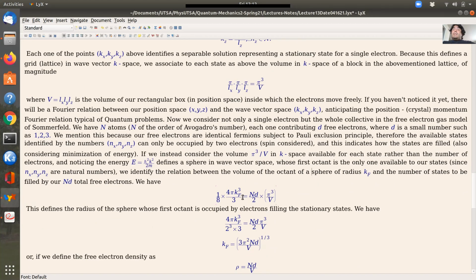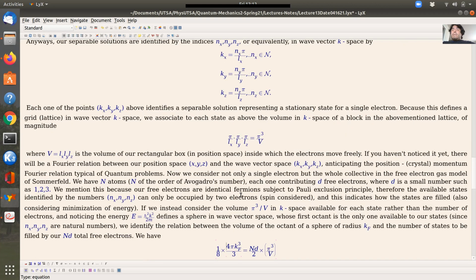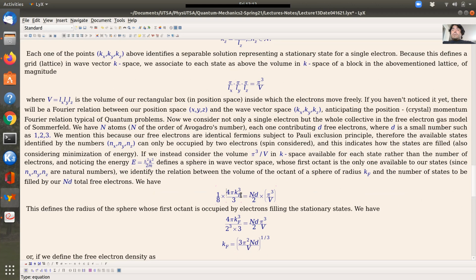So this is the volume of the octant, which is the volume of a sphere divided by 8. Perhaps I haven't defined the Fermi energy yet.